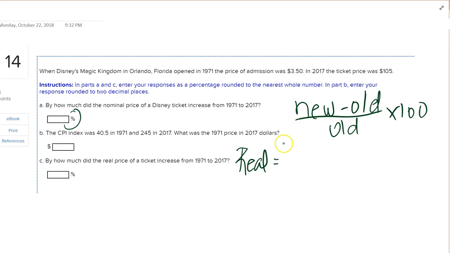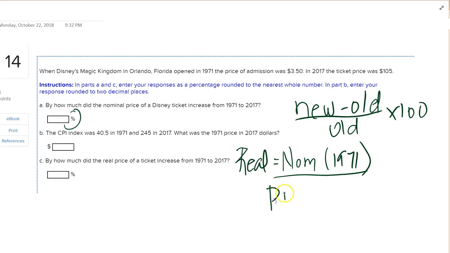So to find the real price, we're going to take the nominal price in 1971 divided by the price index. And the price index is composed of the price level in 1971 divided by the price level in 2017. So what we're left with is plugging numbers into this formula.